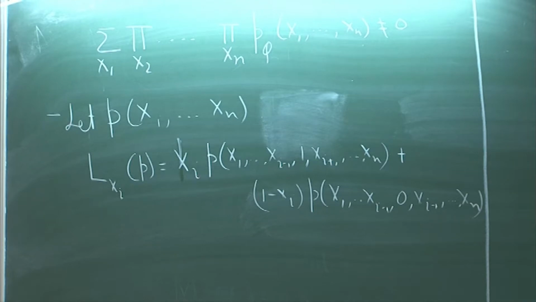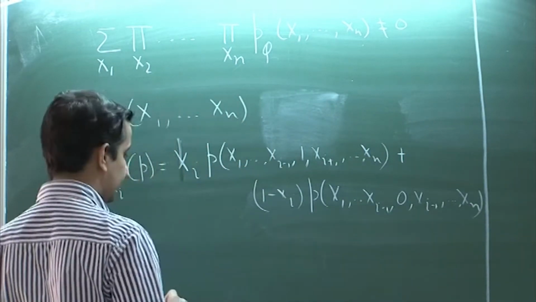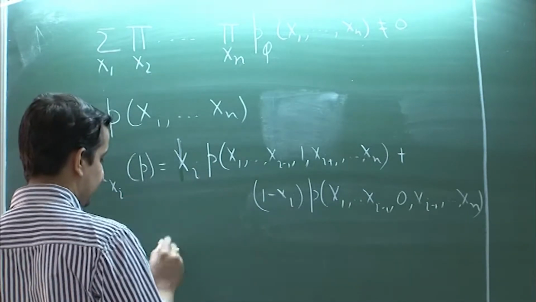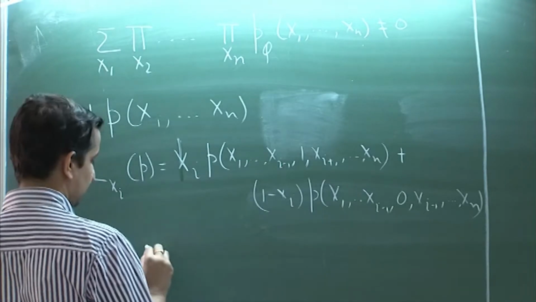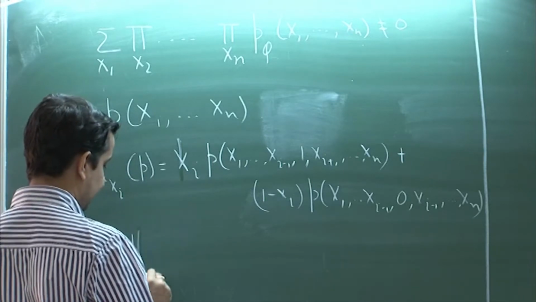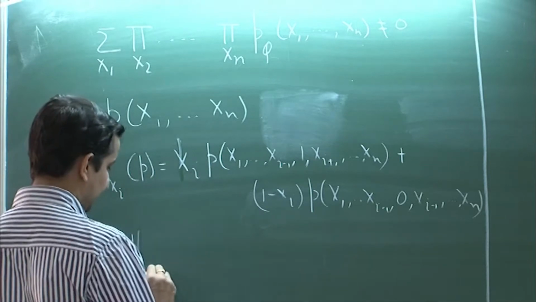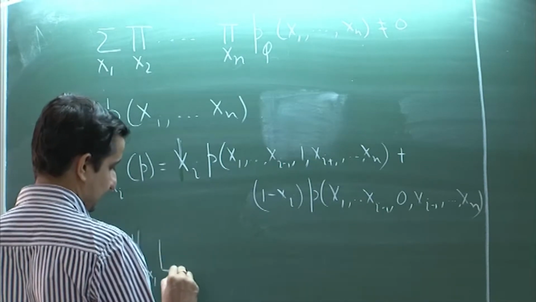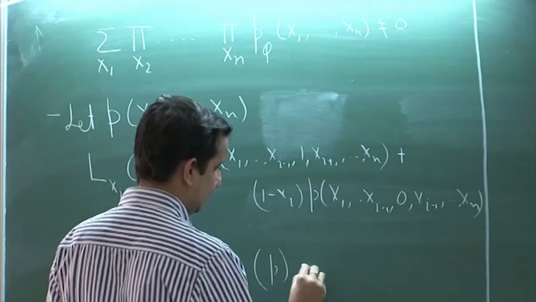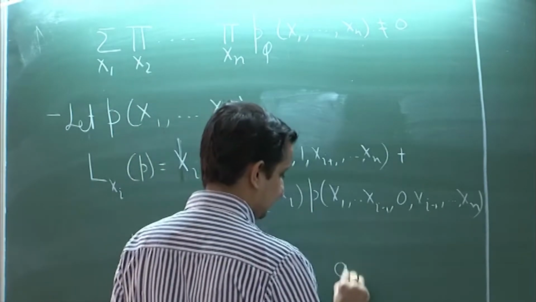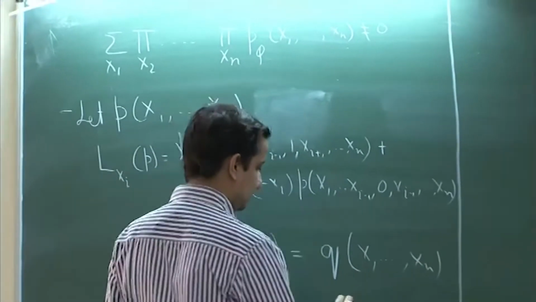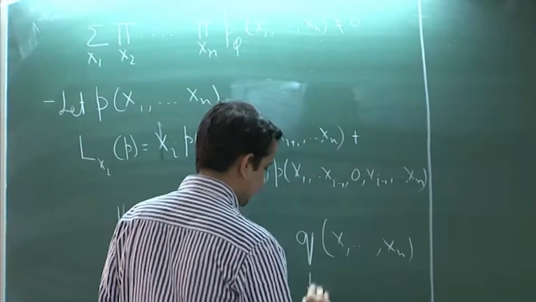And the property that this operator has is that if we operate the following operators on the polynomial P, Lx1, Lx2, and so on till Lxn on P, this will give us some polynomial q again in x1 through xn with the nice property that q is multilinear.